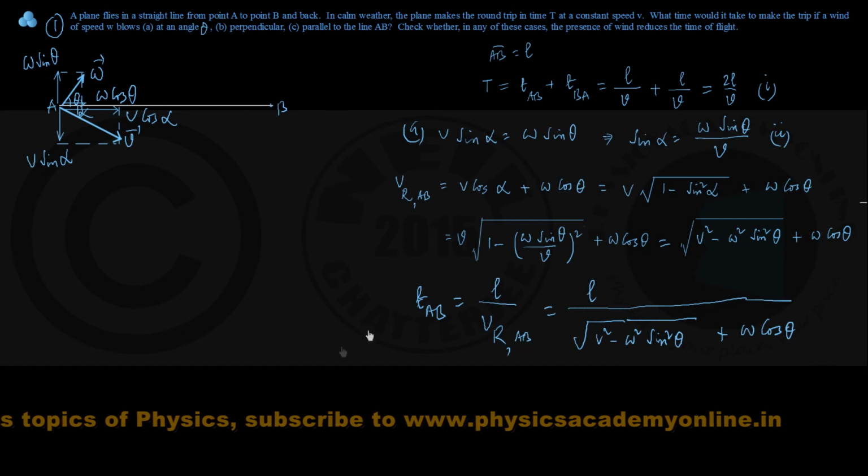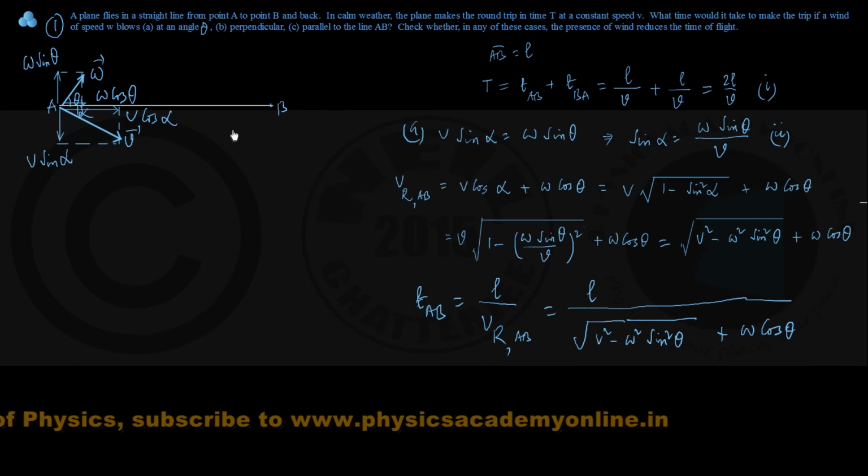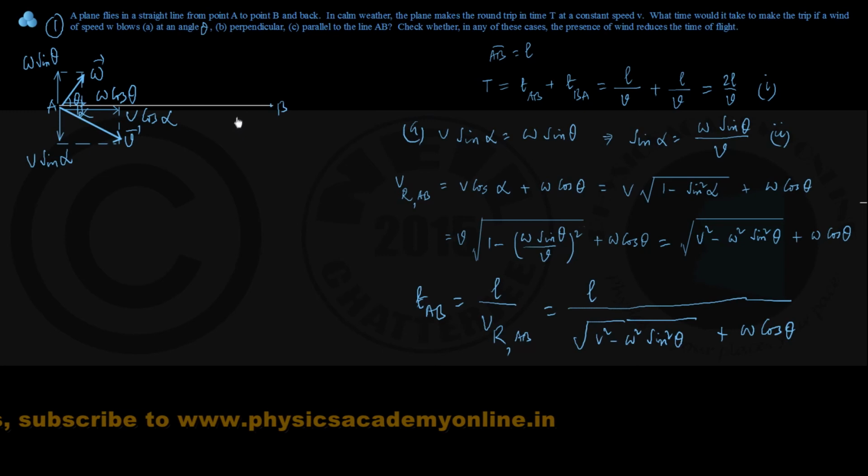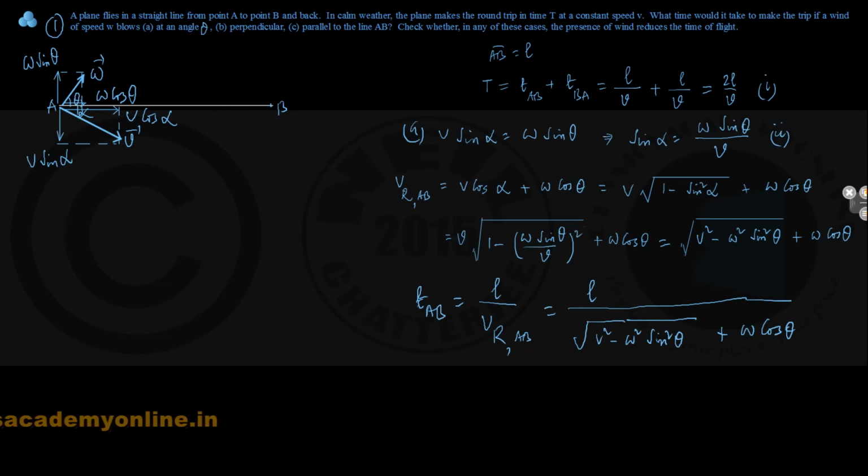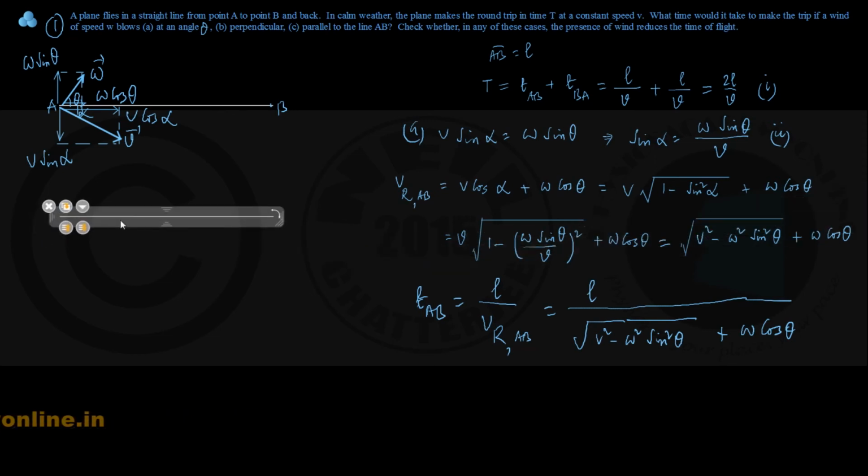And let us now find out the time taken by the plane in the return trip from B to A. And therefore, I introduce one more figure here. If it helps you, let me call this equation number 3. I'll need it in some time.